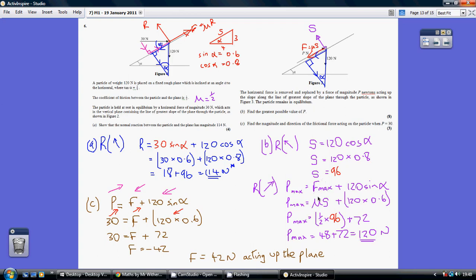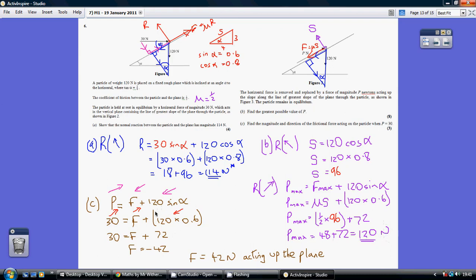Remember friction is mu times the normal reaction, so that's mu, which we're told is a half, times the normal reaction, which we've worked out to be 96, plus 120 times sin alpha, 0.6, giving us the maximum P of 120 newtons.